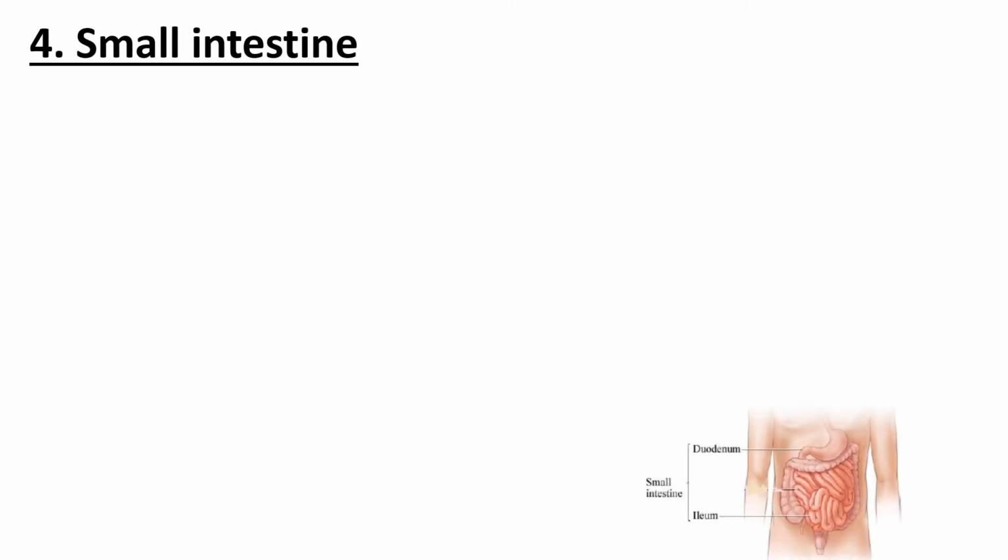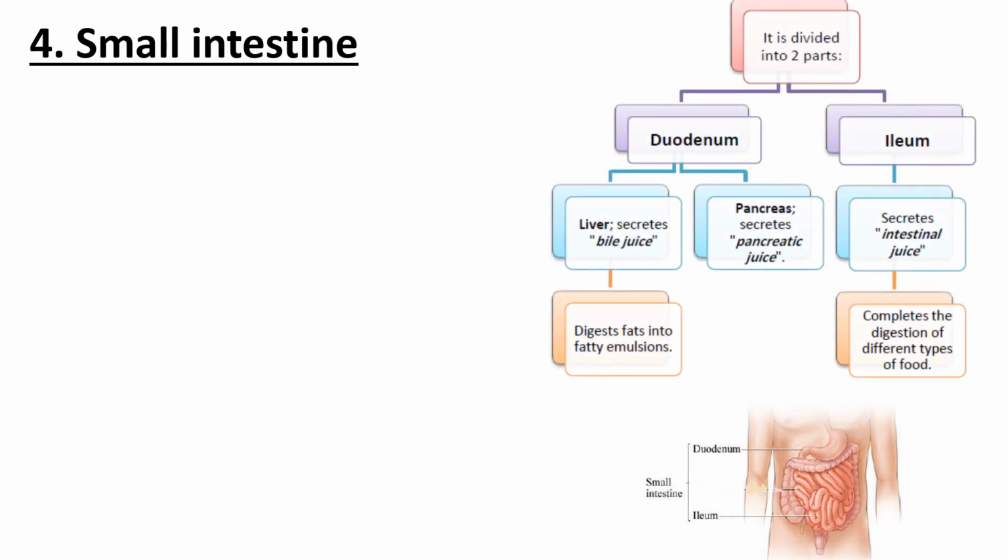Small intestine. The small intestine is divided into 2 parts, duodenum and ileum. The duodenum has 2 types of juices.